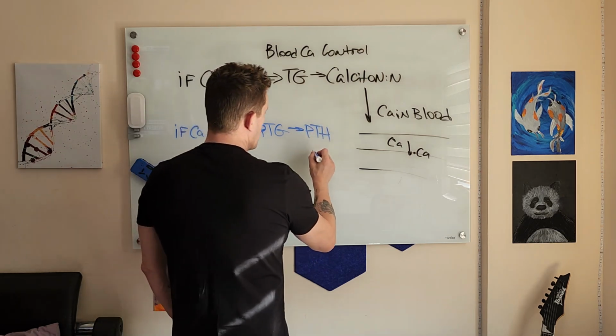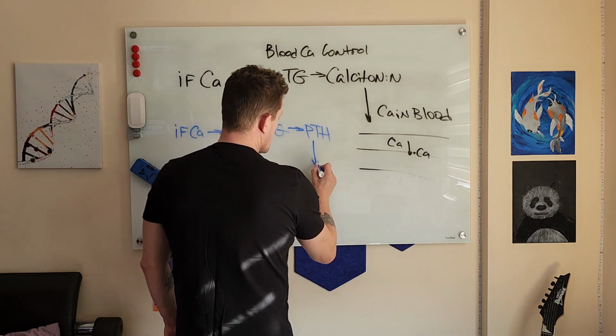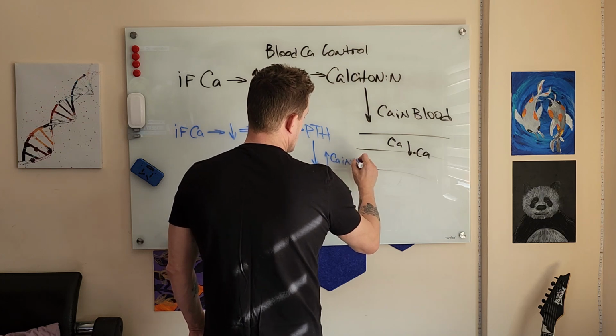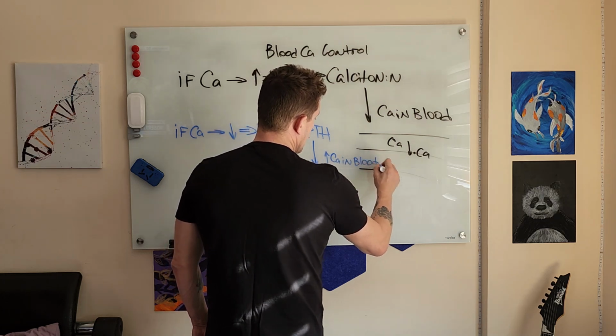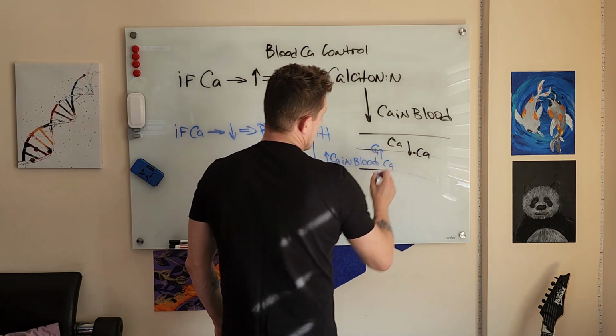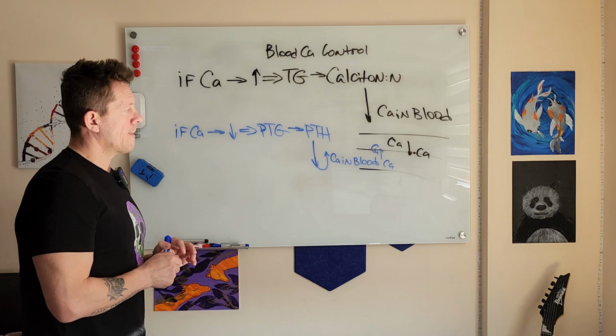And parathyroid hormone will increase calcium in blood. If calcium is here, now it's within its homeostasis, within its range.